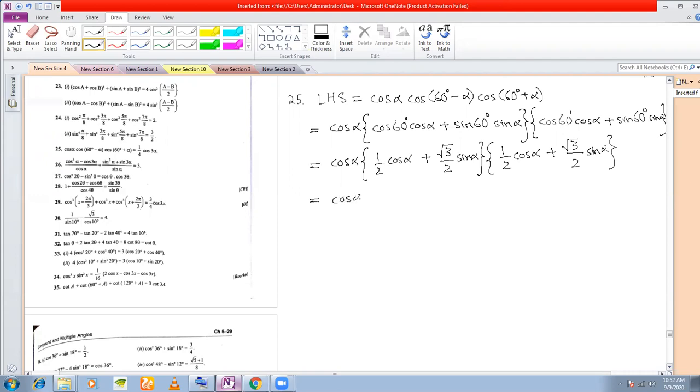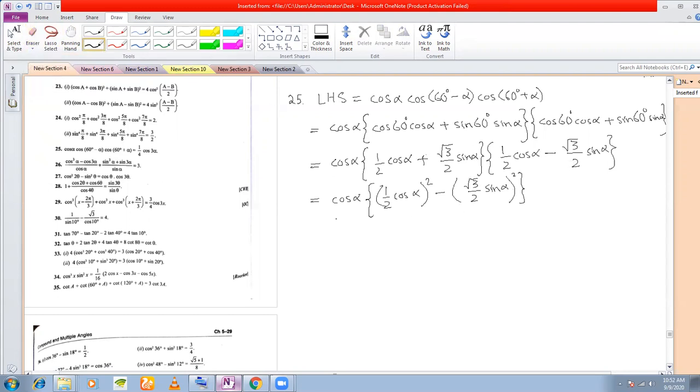So this can be written as A square minus B square. Both are plus, so how A minus B? No, this should be minus. This is plus, this is plus, and this should be minus.